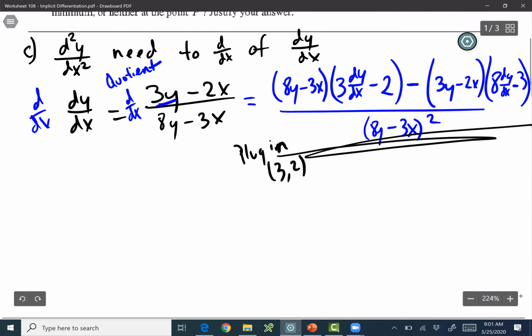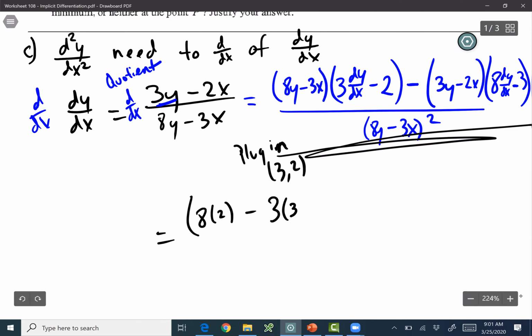So that's going to give us 8 times 2 minus 3 times 3, times 3. Now, dy dx is the slope. So I can't plug in 3 or 2. I have to go and find the slope.